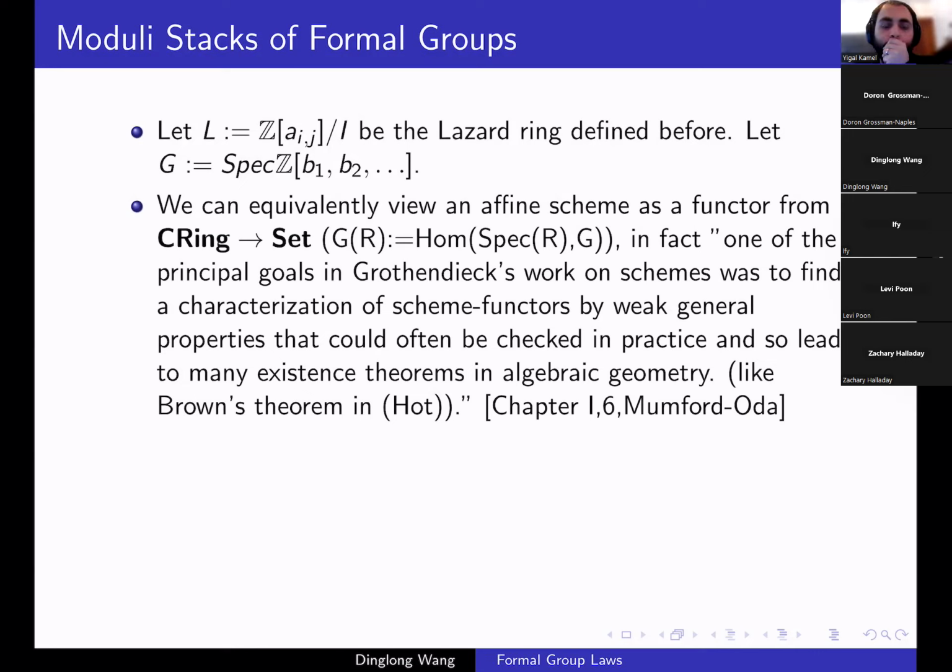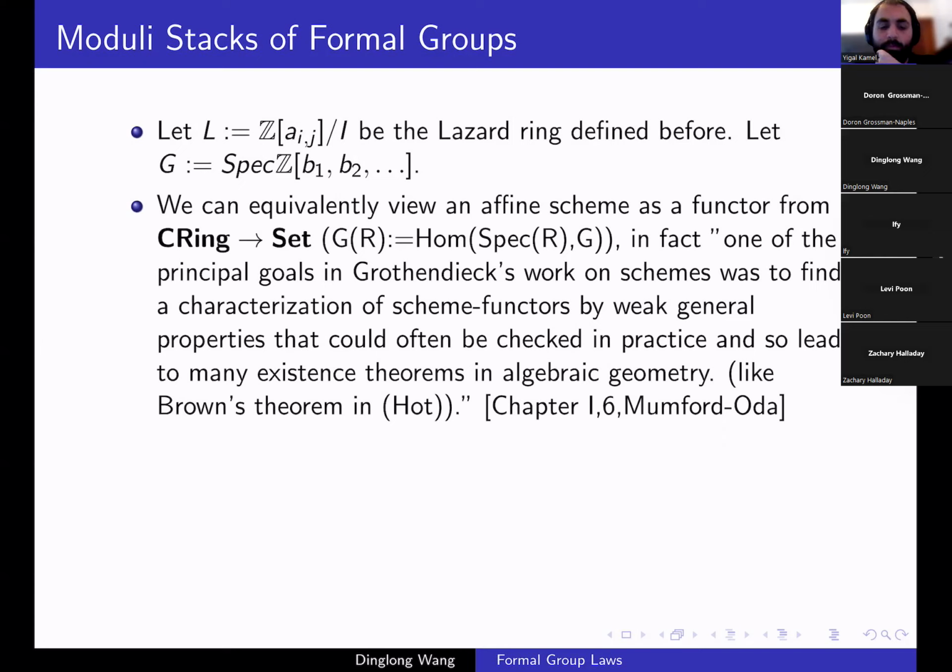And in fact, one of the principal goals in Grothendieck's work on schemes was to find a characterization of scheme functors, the functors that are represented by a scheme, by weak general properties that could often be checked in practice, and so led to many existence theorems in algebraic geometry.